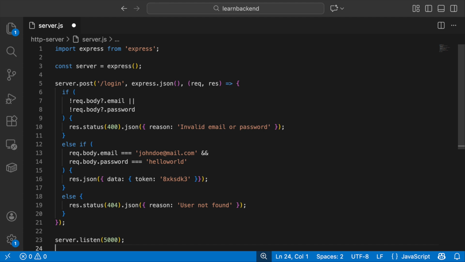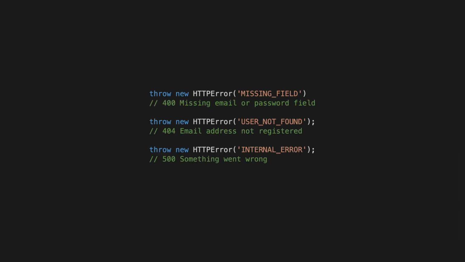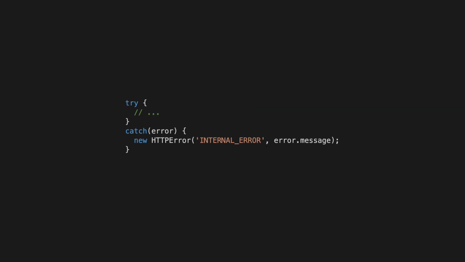Now, the first step towards implementing an API that responds in a consistent and predictable manner when something goes wrong is to implement a custom error class that will serve two purposes. First, to provide an easy way to define HTTP errors that's mapped to the right status code and error message. And second, to act as a generic wrapper for various errors, including third-party module errors, logical errors, runtime errors, and so on.